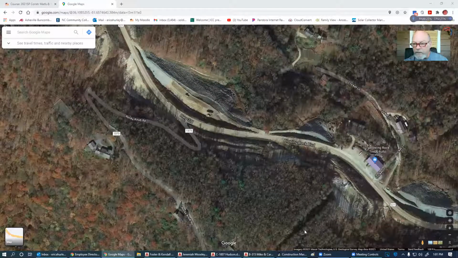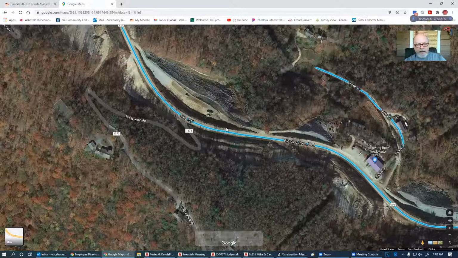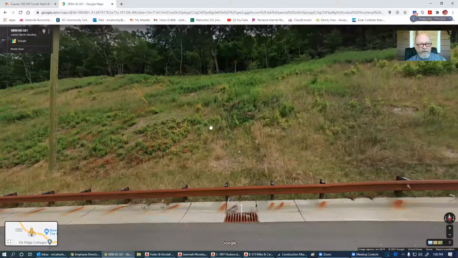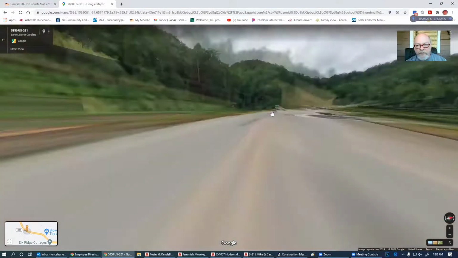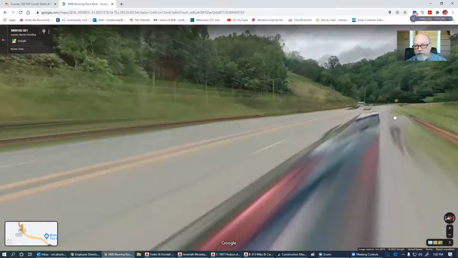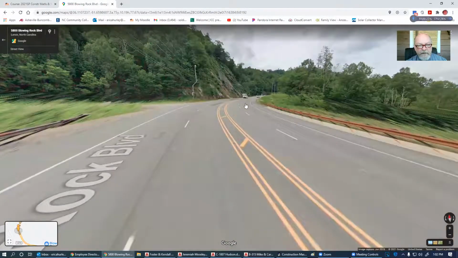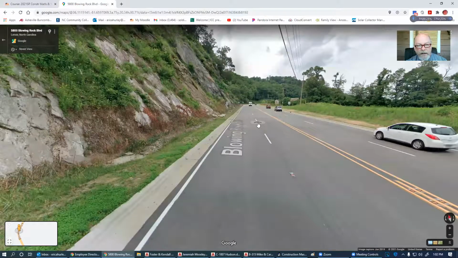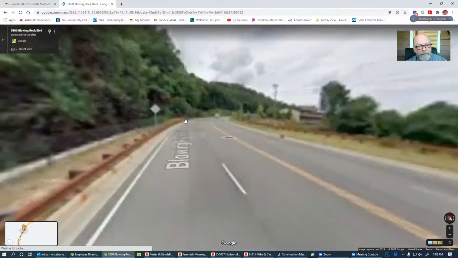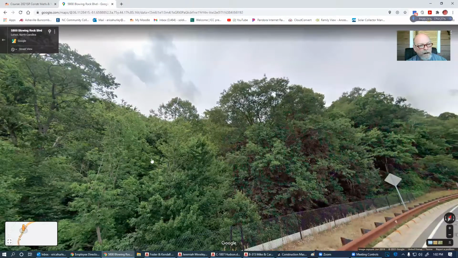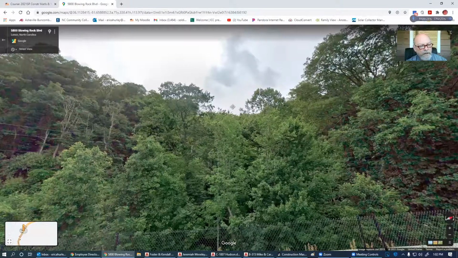I've got to move this stupid thing again so I can get to my little person. And you may see some of these houses. Let's go up the hill. You may see some of these houses around Asheville. I don't know where they are, but I can definitely show you where they are around here. Nope, not there. Is it there? No, I haven't got there yet.